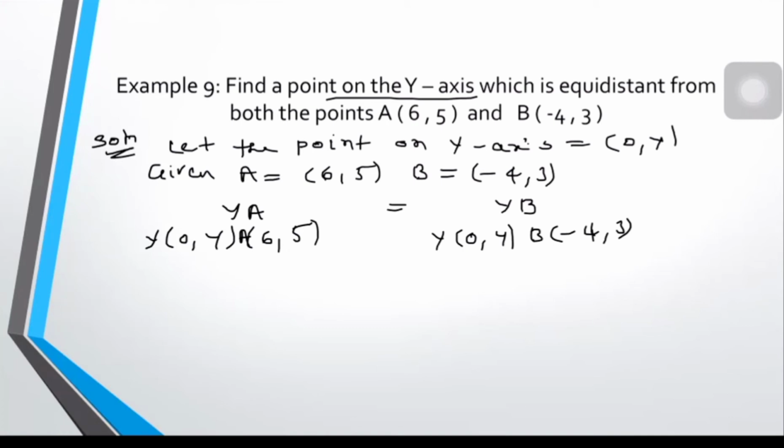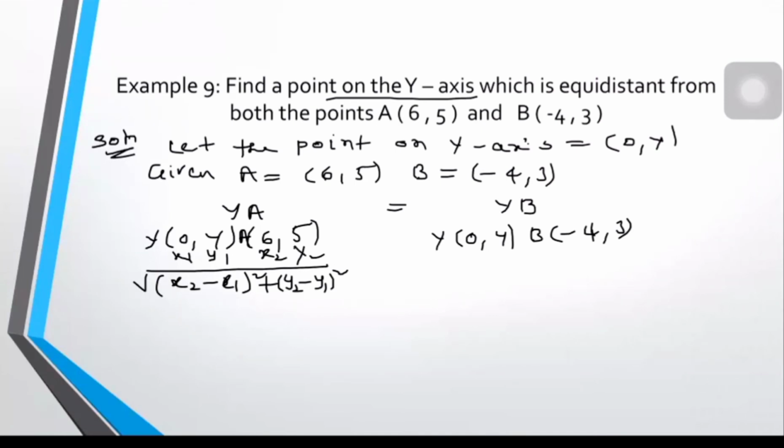Now apply the distance formula. We know the distance formula of 2 points is root of (x2 minus x1) whole square plus (y2 minus y1) whole square. So (x1, y1), (x2, y2).